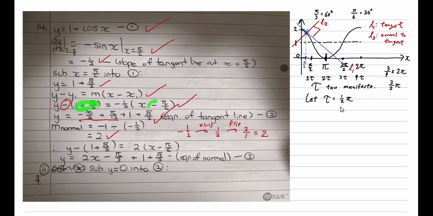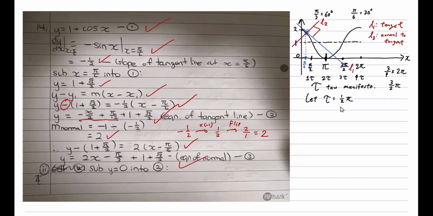The x and y coordinate is still the same because it's the same point. Just that the gradient is different. Very good. And just pick the rest. Yeah, 2 over 6 is 3. Yep, good, perfect. Very good. Equation of normal done.